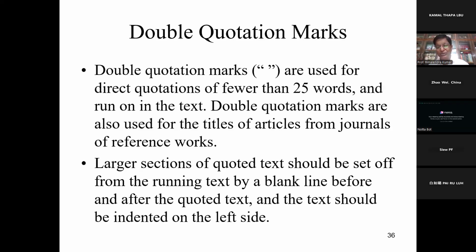Large sections of the quoted text should be set off from the running text by a blank line before and after the quoted text. And the text should be indented on the left side.